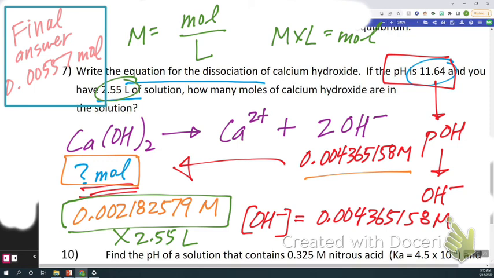So you're going to start with half of that and then multiply it by 2.55 liters. Okay. That's it.